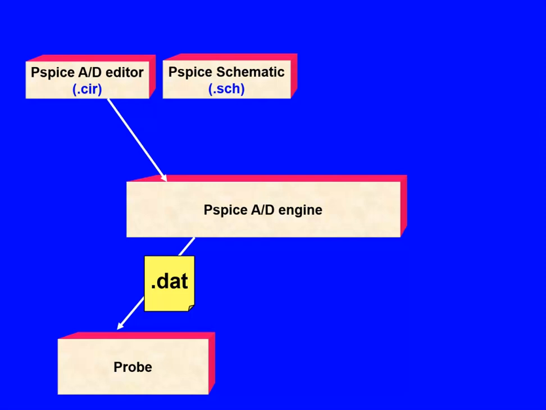Another PSpice model is PSpice Schematic. You can draw the circuit using the PSpice simulation software. That file is saved with the extension .sch. Then this simulation software will directly produce the netlist, and this PSpice schematic is directly given to the SPICE engine.